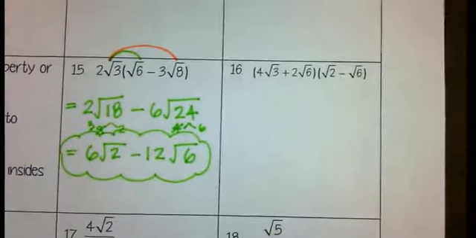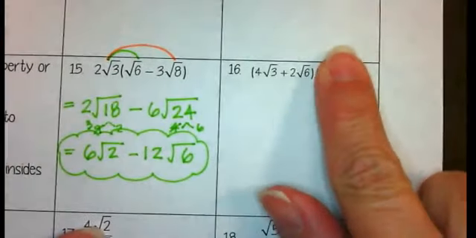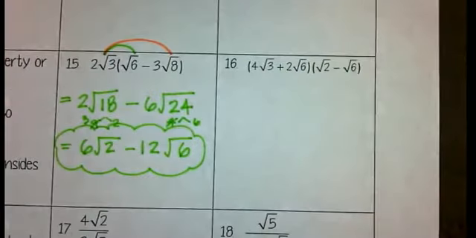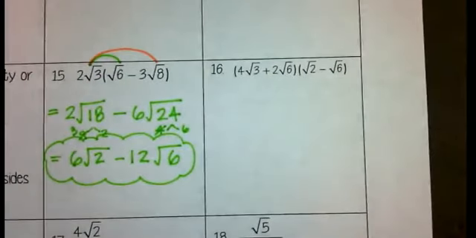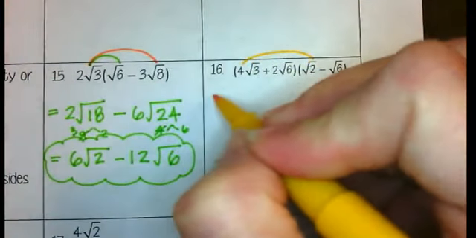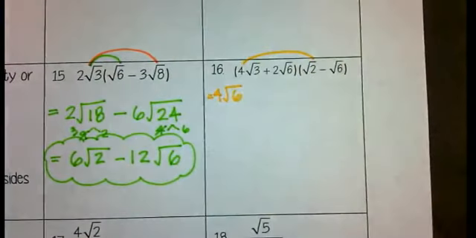Alright, the next problem is a FOIL type problem because we do have a binomial multiplied to a binomial. So what I'm going to do here is first, multiply those two together, which would be 4 square root of 6.